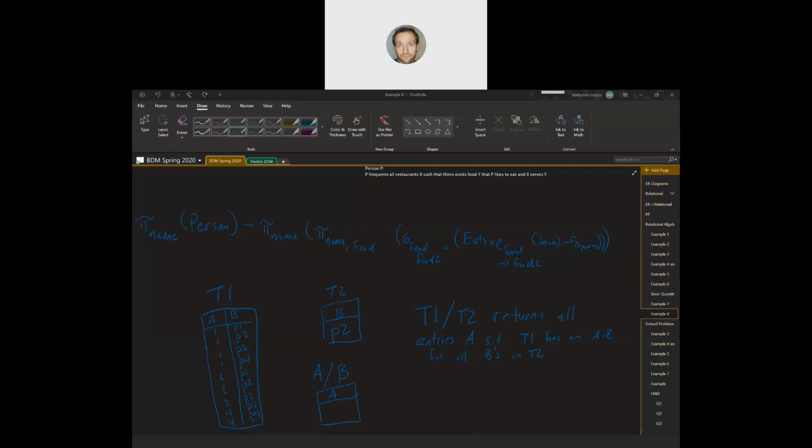So what should this table look like? What entries should this have?